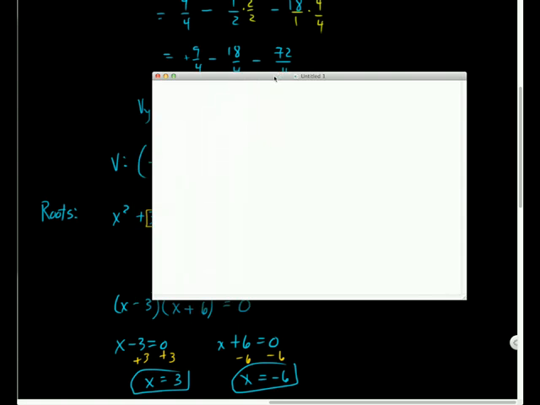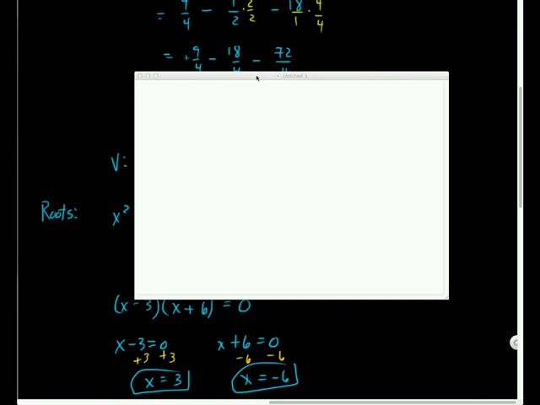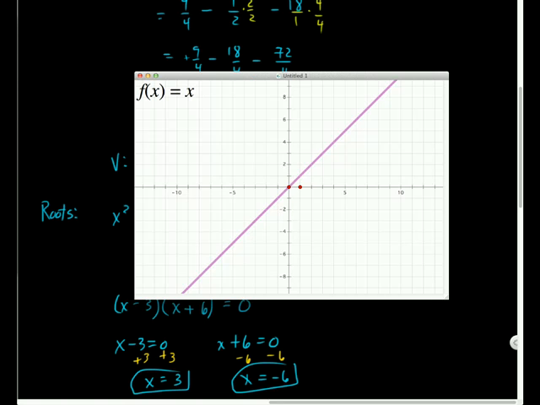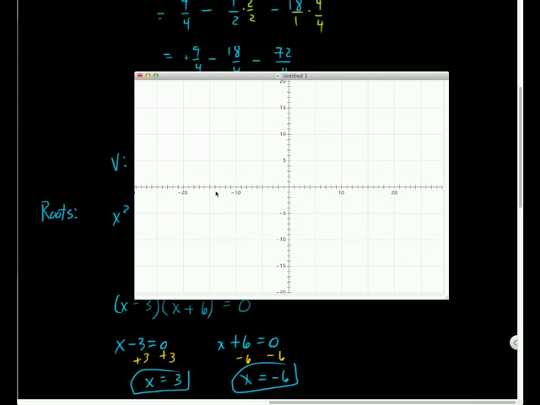Let's see, I just want to get a grid here real quick. We go down as far as 20. Let's see, grid form, I want to put it on rectangular.